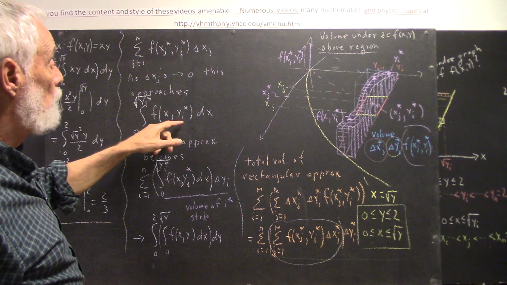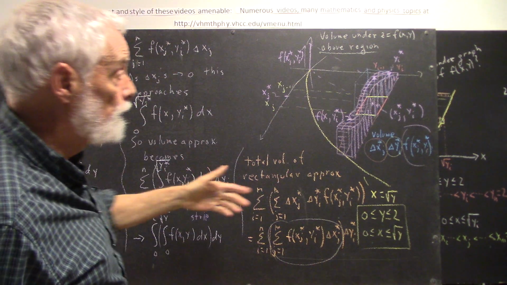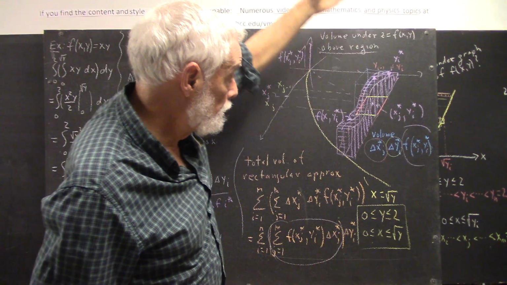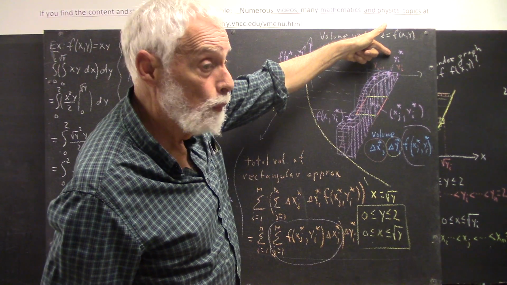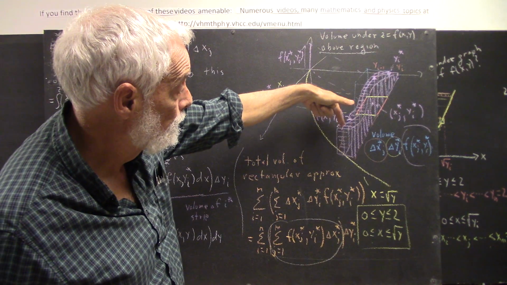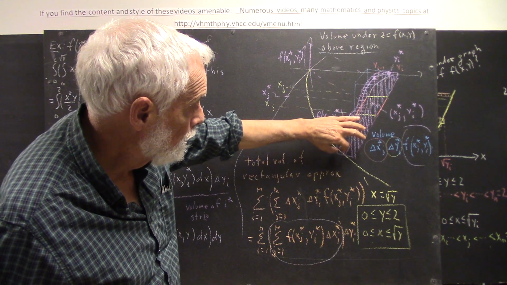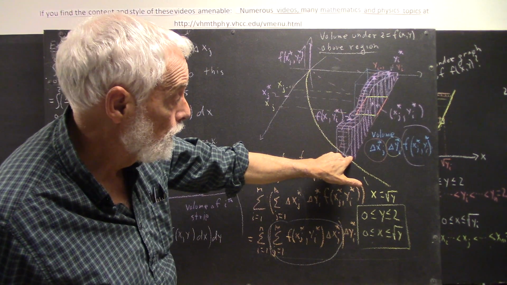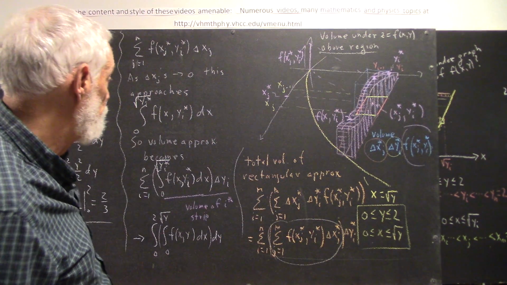Now, f of x, y sub i star is a function. It's the function we got when we sliced the surface by the plane y equals y sub i star. This curve right here. We extended that curve on both sides for a distance delta y sub i and got a volume.